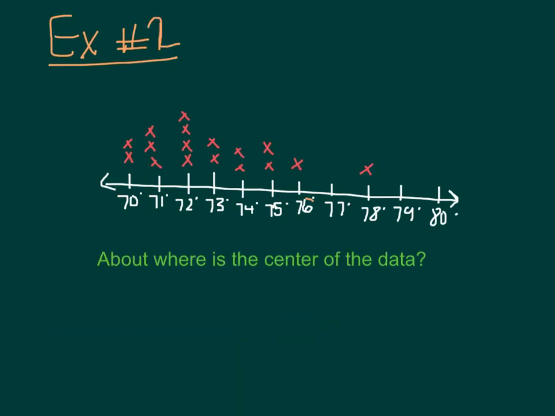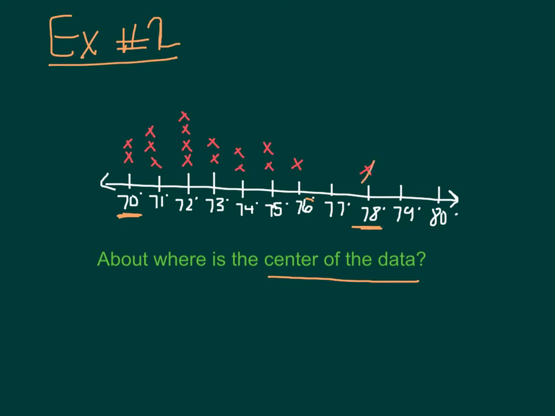We have the same exact data plot here for our next question, which is about where is the center of the data? Of course the center means in the middle. So we're going to start with our greatest and our least and kind of count down until we get to the middle.